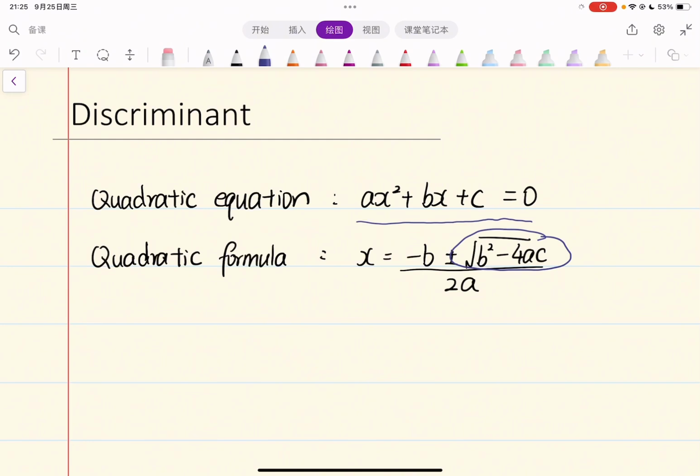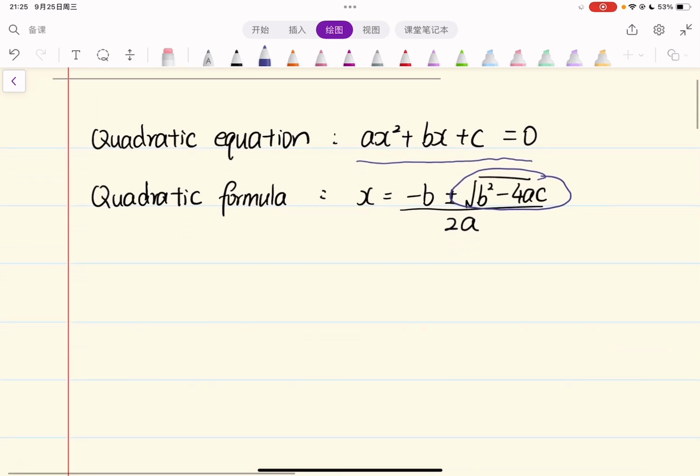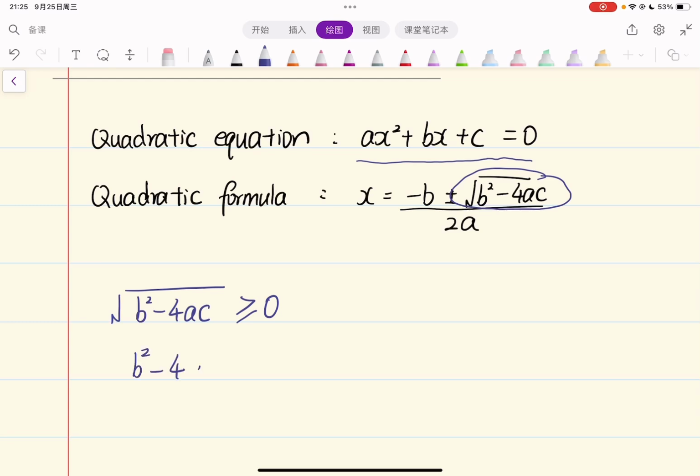Because when we want to take the square root of a number, that number must be positive or 0, which means we should have b squared minus 4ac greater than or equal to 0. But what happens if b squared minus 4ac is less than 0?